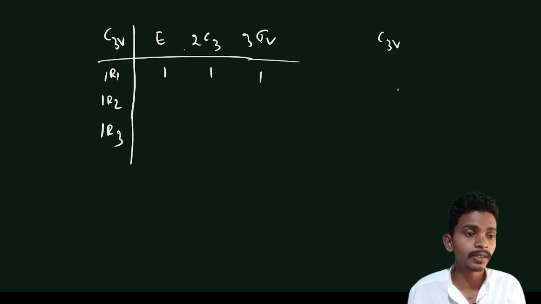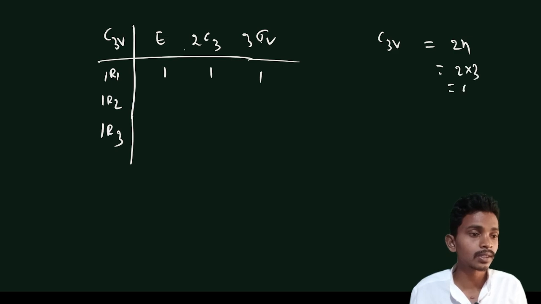For C3b, the order will be 2n, where n is 3, so 2 into 3, that is 6. The order should be 6. To get the order, I have to square these elements.